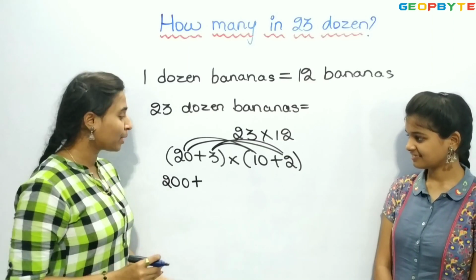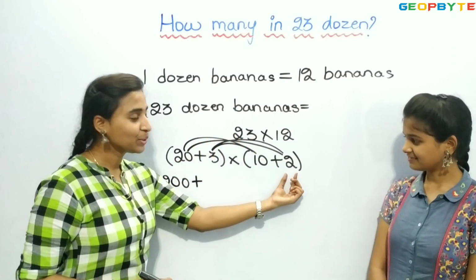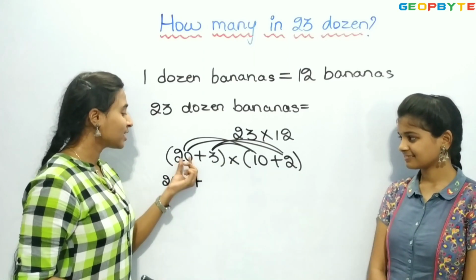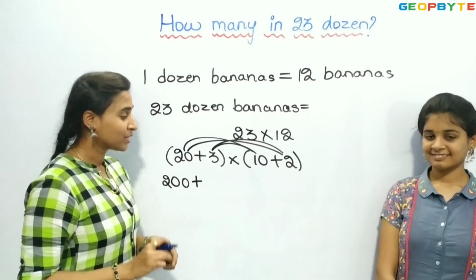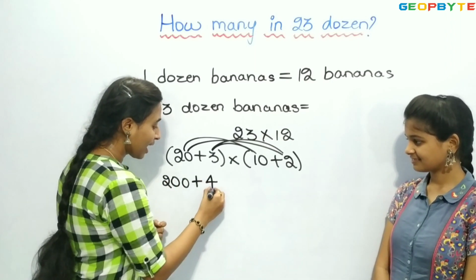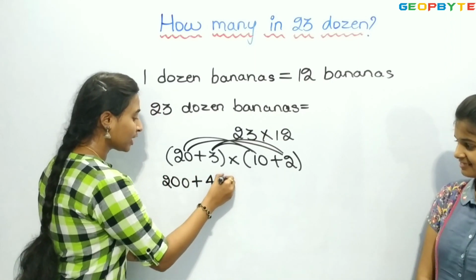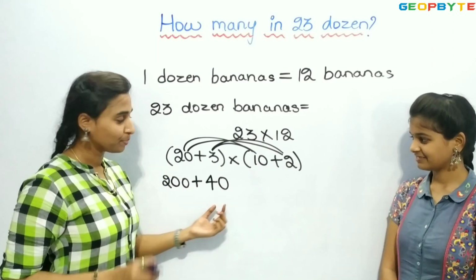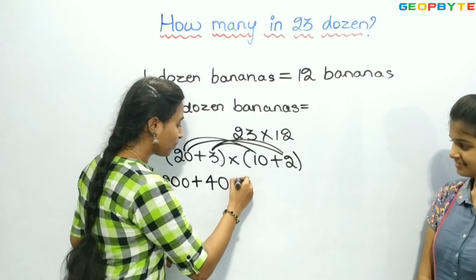Now we need to multiply 20 with 2, right? First 20 with 10 plus now 20 with 2. Children, 2 2s are 4 and we have a 0. Let us put the 0. So 20 2s are 40.